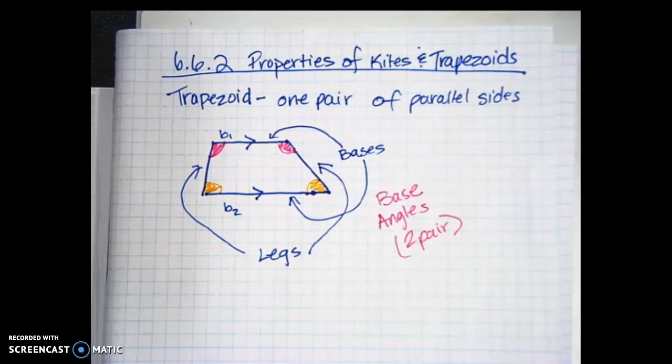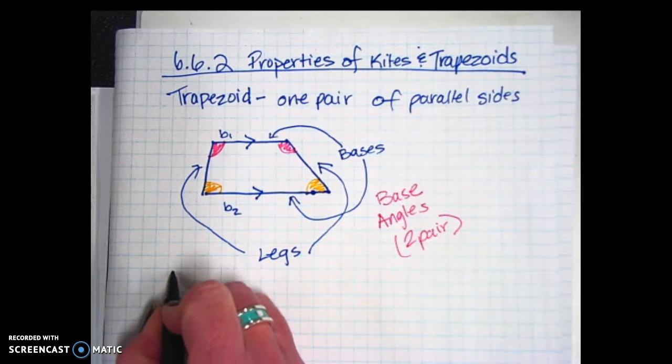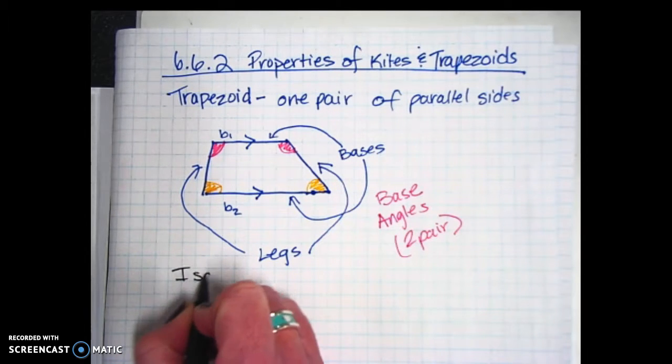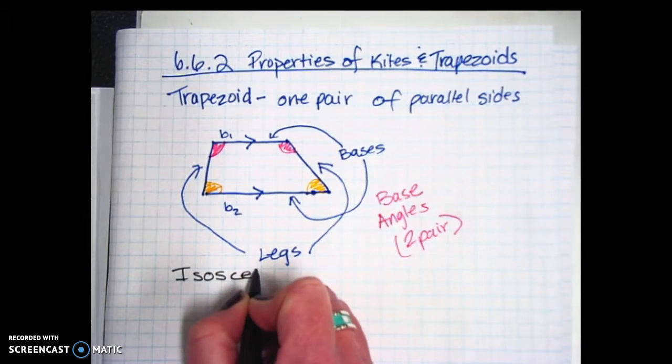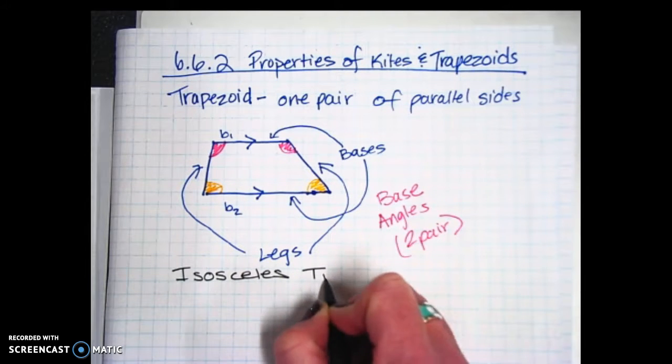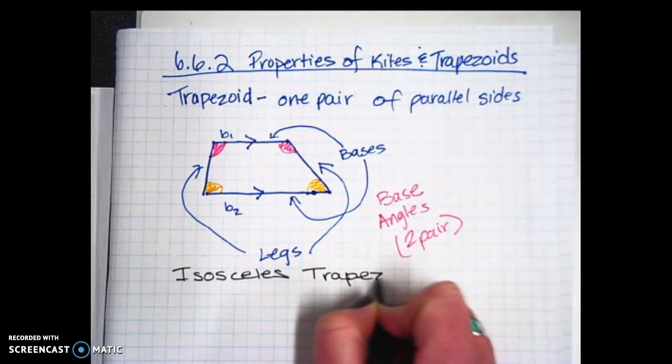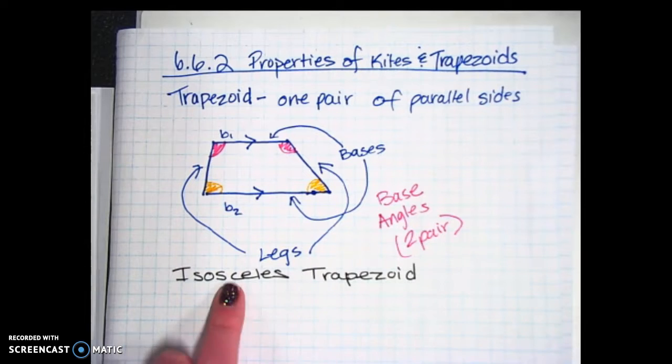So the one I just drew is just a non-specific trapezoid. Once you start getting more into trapezoids, you're going to get a very specific one called an isosceles trapezoid. Where have you heard the word isosceles before? On a triangle, right?